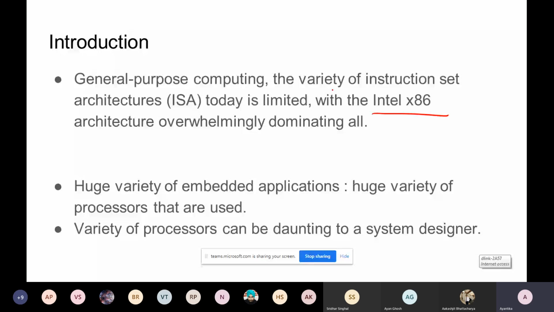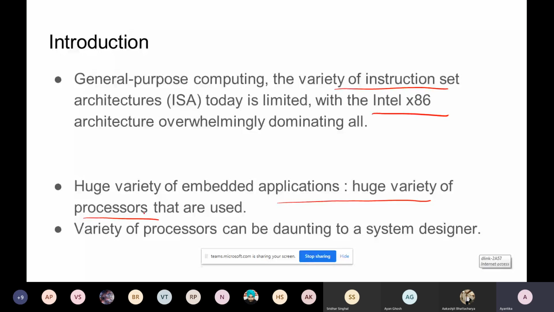And for embedded applications, we have a huge variety of processors, but they are typically made for some specific task or specific applications. So we will see one by one what the advantages are, or in some cases the limitations, of each of them.